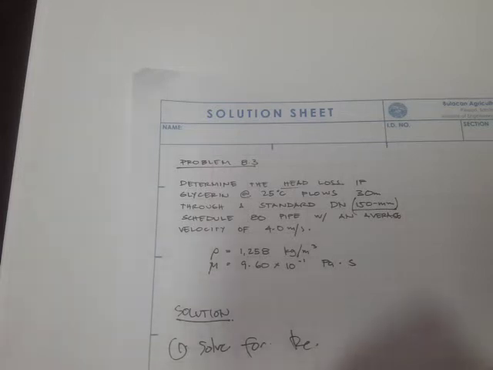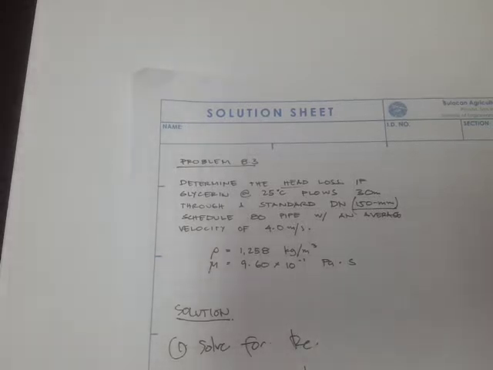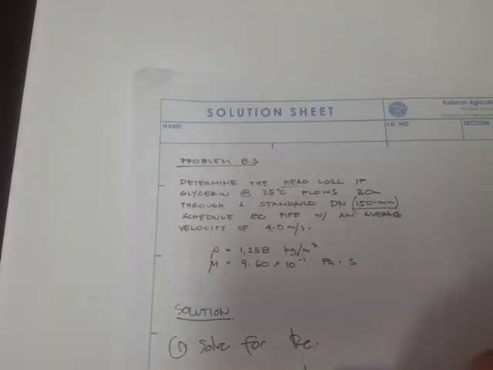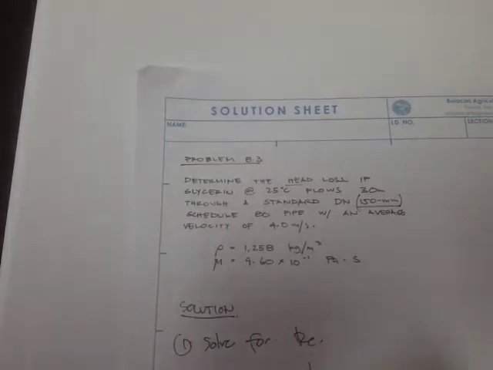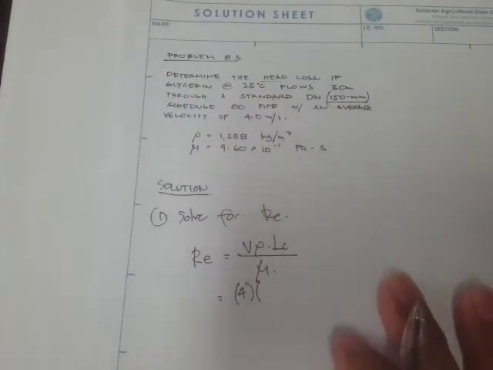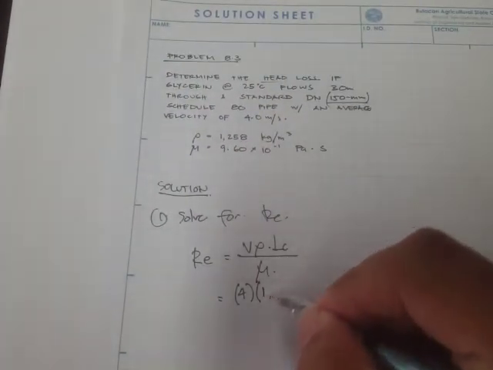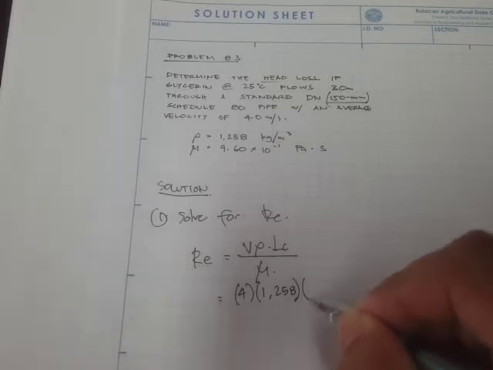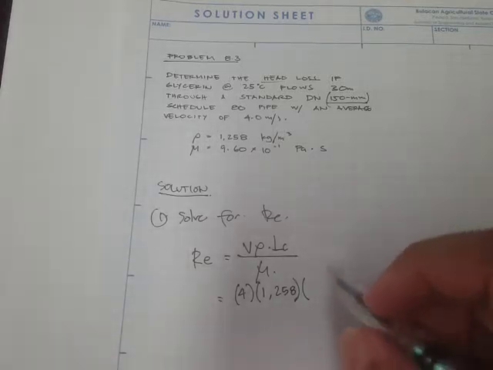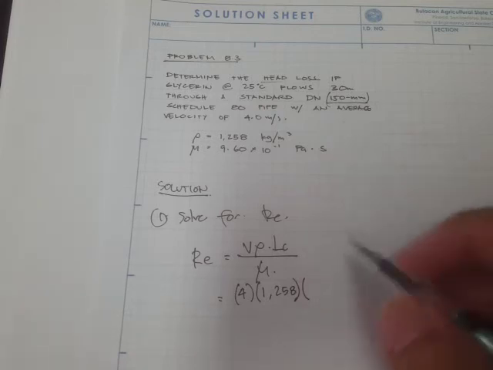So Reynolds number is just equal to the velocity times the density times the characteristic length of the pipe, of the geometry, and for a circular pipe is just equal to the diameter. So if we substitute all the values, we have 4.0 meters per second times the density of 1258 times the characteristic length. If this is in millimeters, we have to convert that to meters.